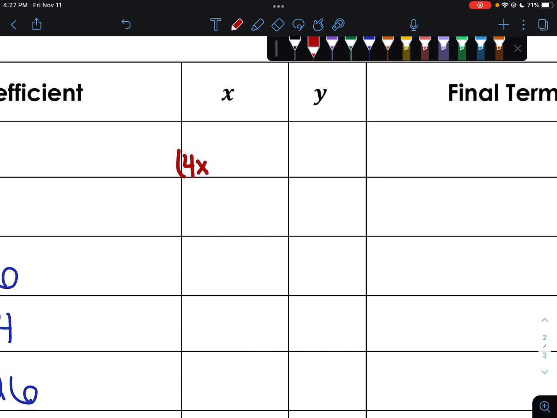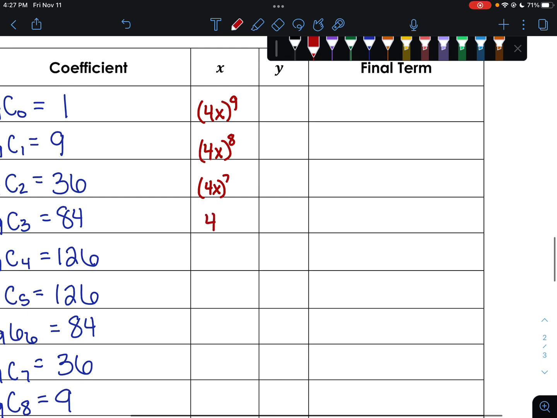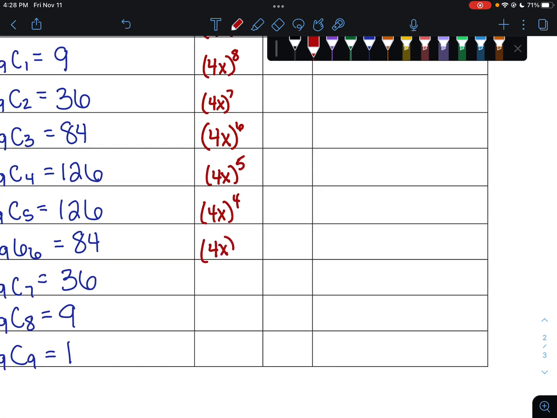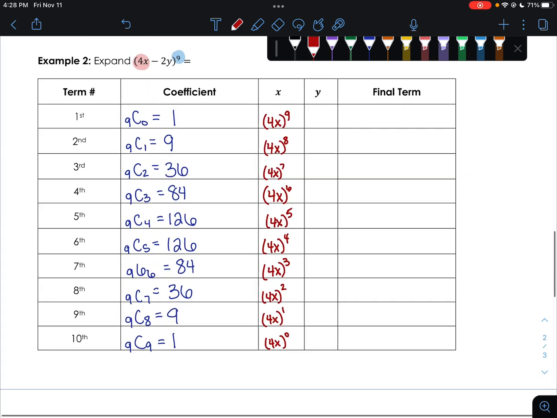So we're going to start with 4x to the 9th power, (4x to the 8th power), 4x to the 7th power, 4x to the 6th power, 4x to the 5th, 4x to the 4th, 4x to the 3rd, 4x to the 2nd, 4x to the 1st, and last but not least, 4x to the 0 power. It's important that we put those in parentheses.